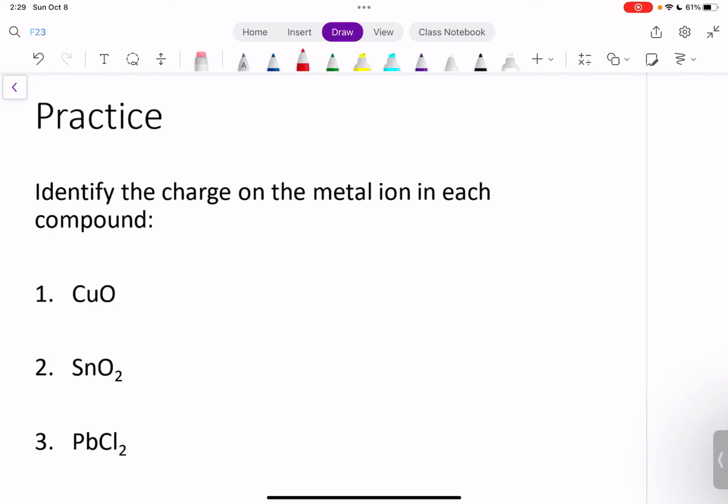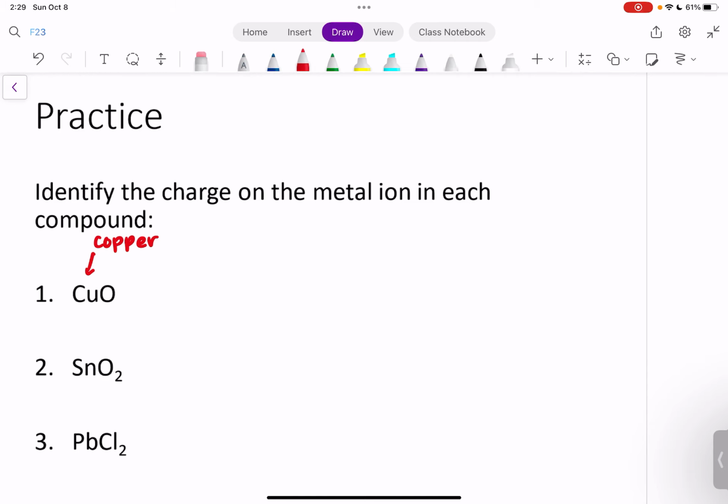So copper and oxygen. So Cu is copper. And it is a transition metal, right? When you look on the periodic table, copper is one of the short columns in the middle. It's one of our transition metals. So it can form what's called variable charges. They can vary. They can change. So copper can form different charges.